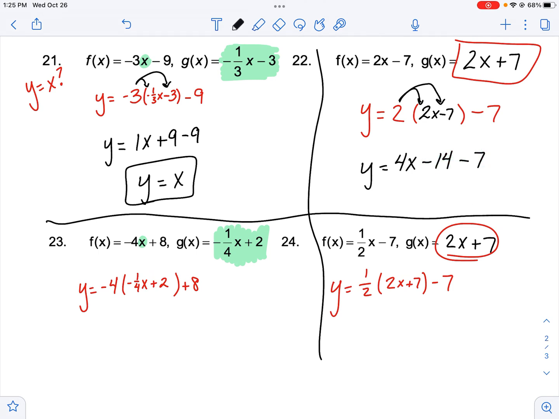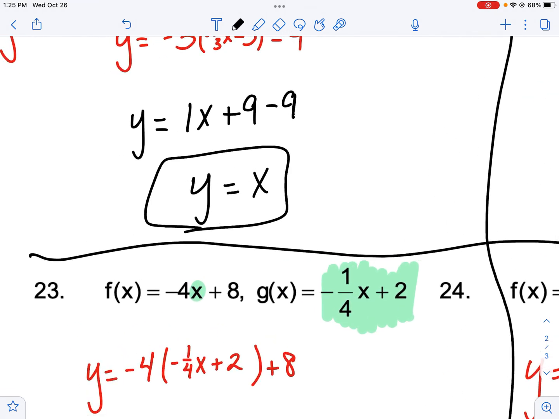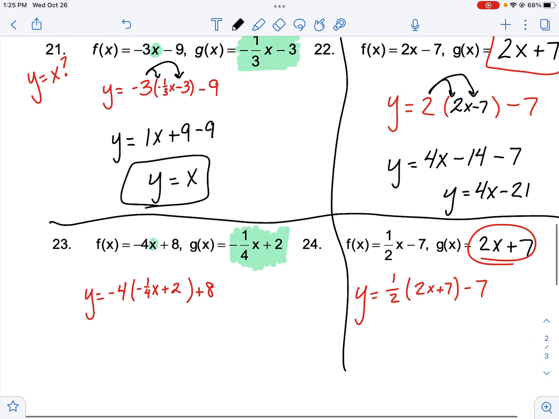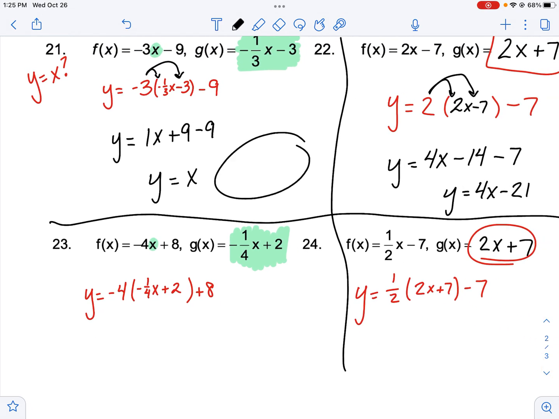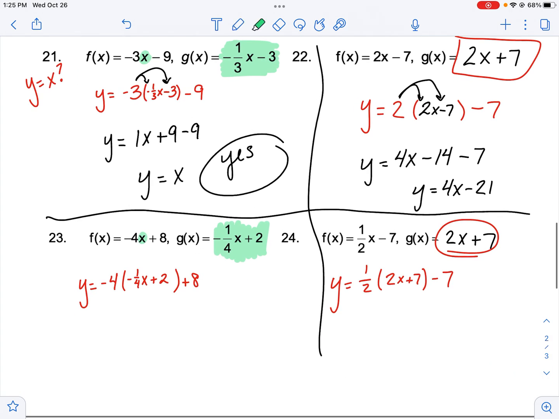I can simplify these like terms: 14 negatives and 7 more negatives would get me 21 negatives. So I get 4x minus 21. Now if you have an inverse function, you get y equals x. So my final answer here is yes, these are inverses.